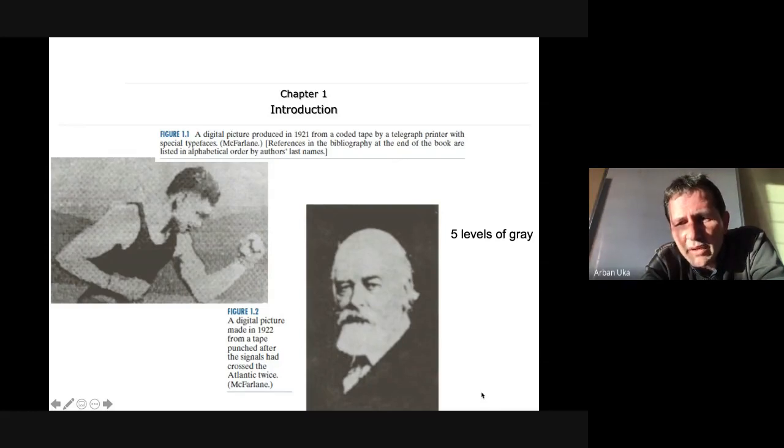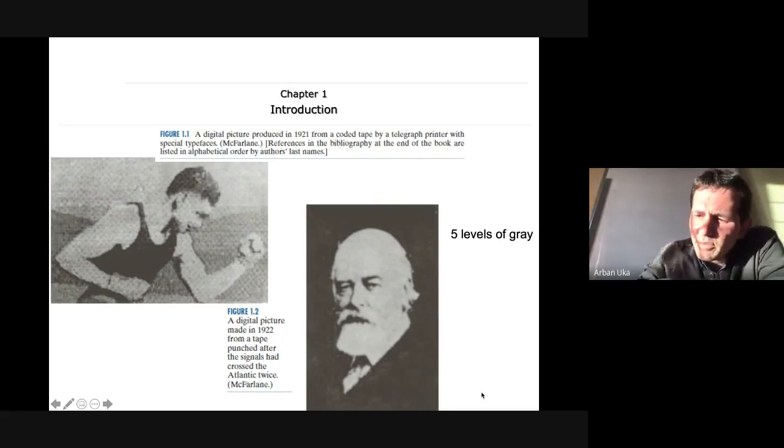Okay, with 5 different levels of gray, let's say this image, which is figure 1.2, you need to distinguish something from the brightest spot to the darkest spot, and these 5 levels of gray can start from 0, which would be the darkest spot, and then you can have 0.2, 0.4, 0.6, and 0.8. This will make 5 levels.